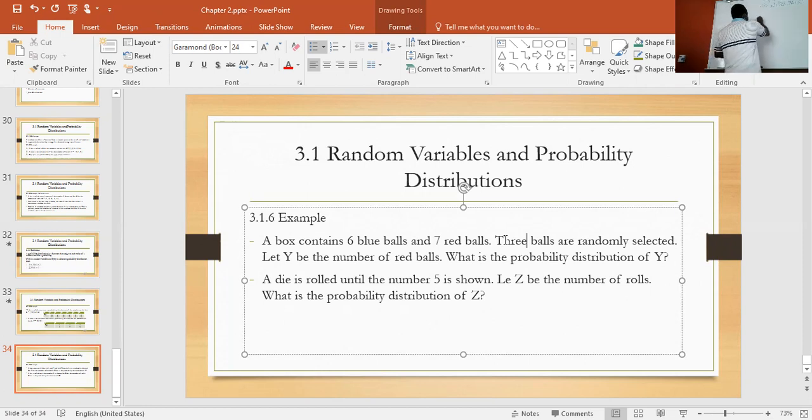Observe that Z will be equal to 1, 2, 3, 4, and so on. What is the probability that Z equals 1? Take a little bit.